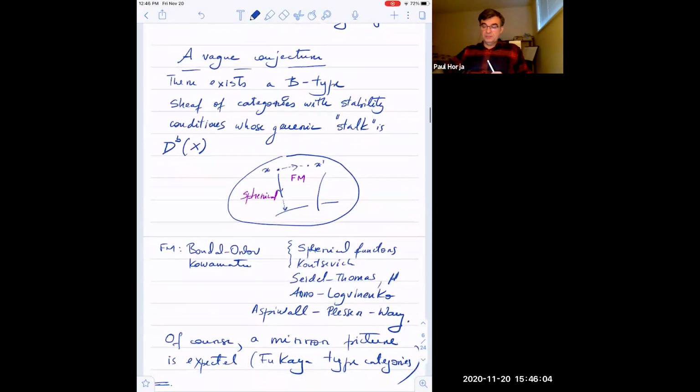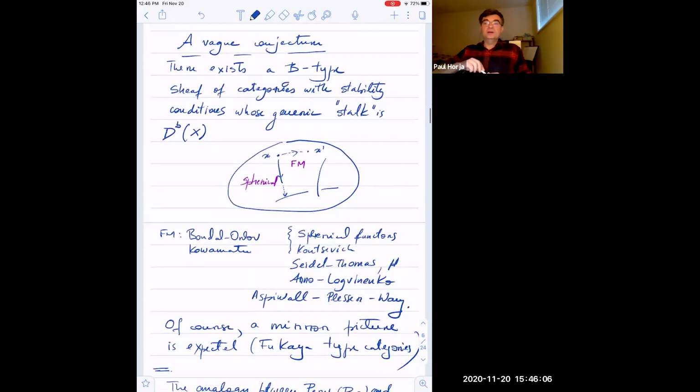So the vague picture, the vague conjecture I'm making right now, and again, this is as far as I'm concerned underlying all the works that have appeared, and there are quite a few lately, in this world of Schobers.